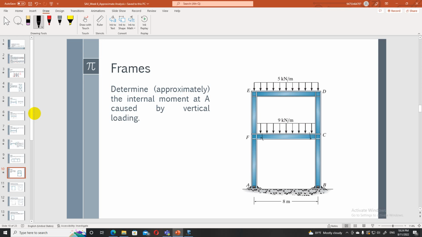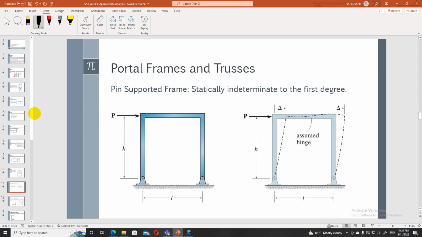We need to find the internal moment at A. So once you know the moments, we can find the moment at A due to the vertical load on the frame. Like this, we have to look at a few more methods that we can use to analyze frames.